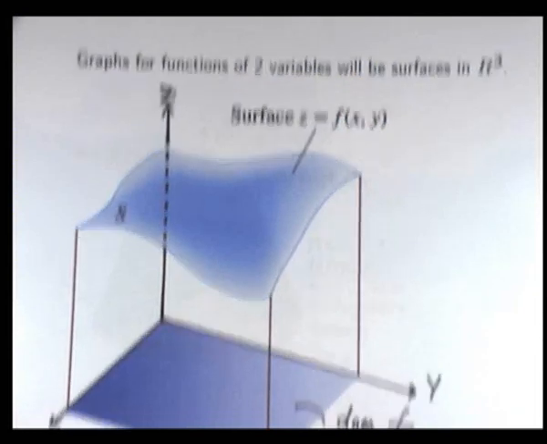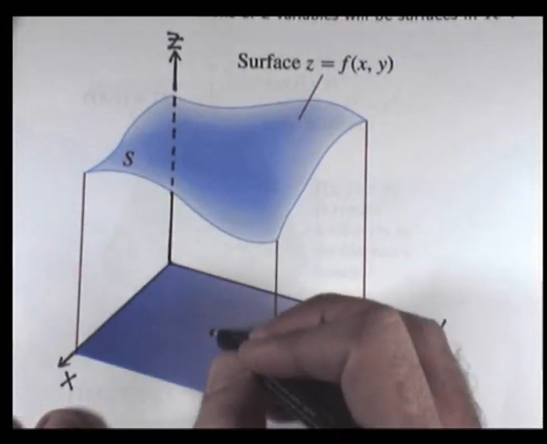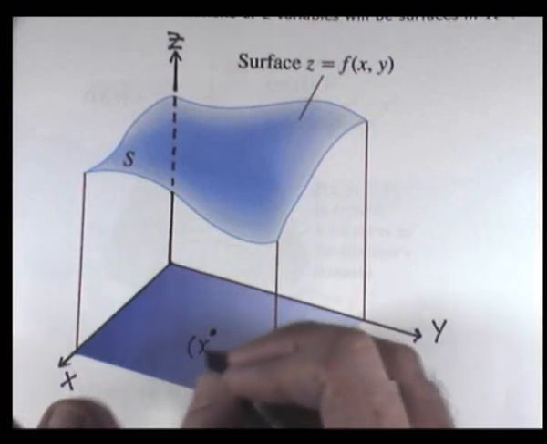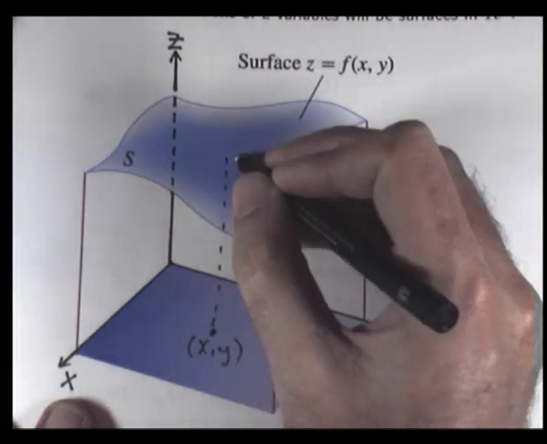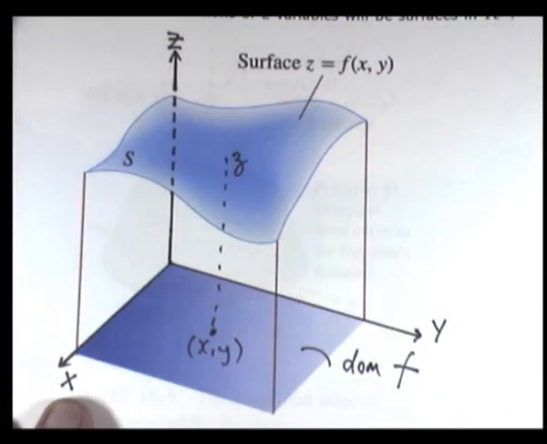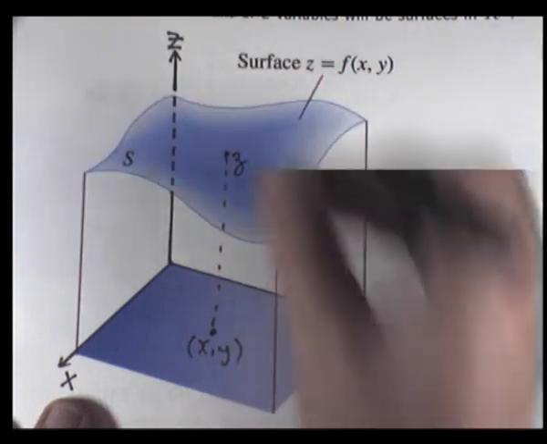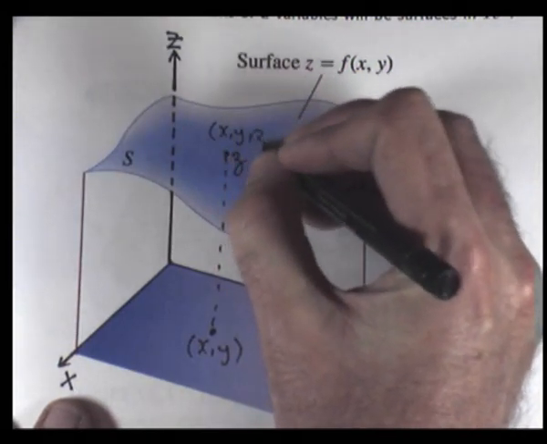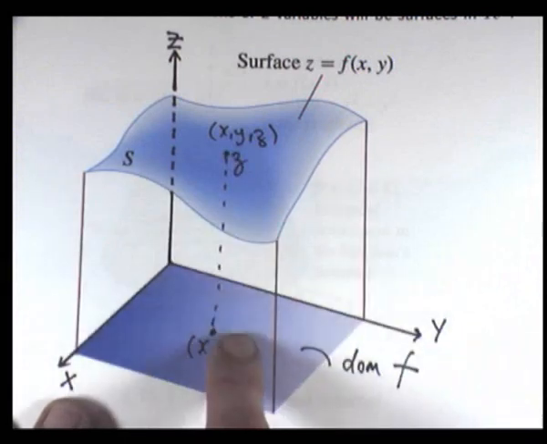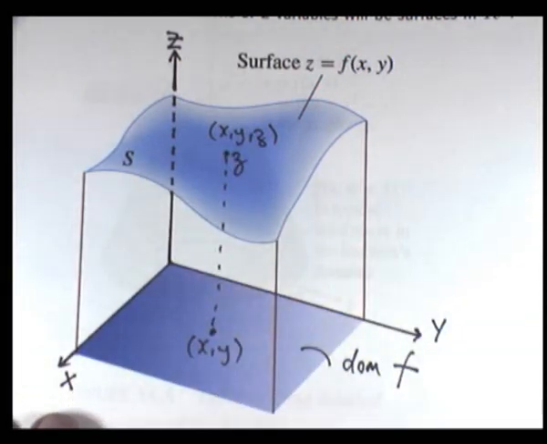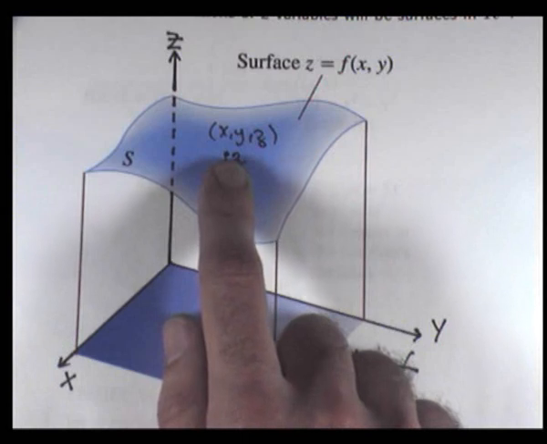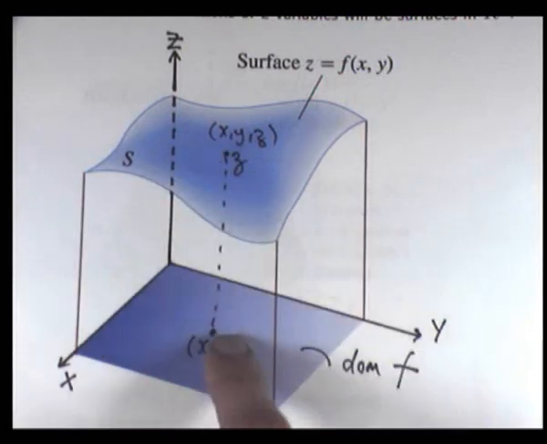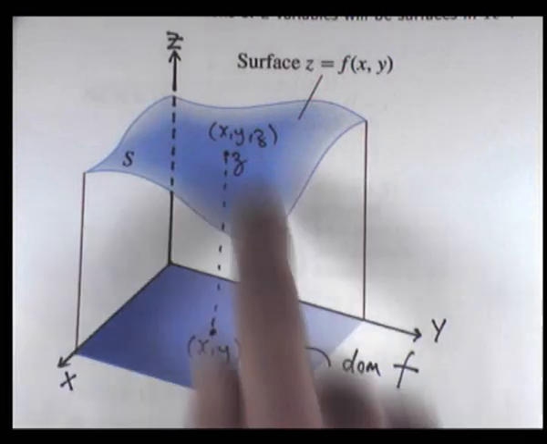For every point that lies here in the domain, there's a corresponding point on this surface. The coordinates are x comma y comma z, and the distance from here to here will be z. Note that the z value gives this point's distance above or below the xy plane. Here it's positive.